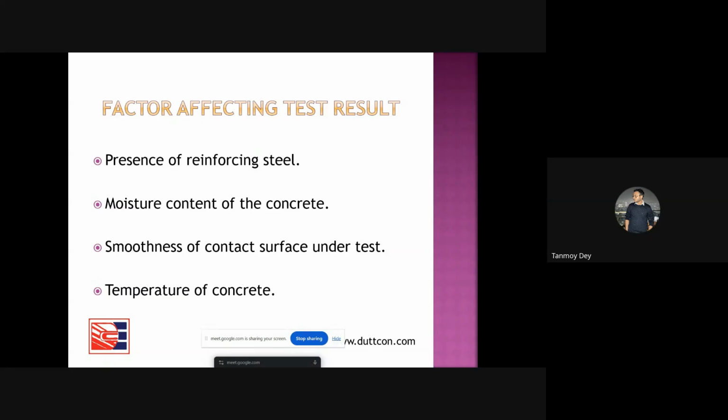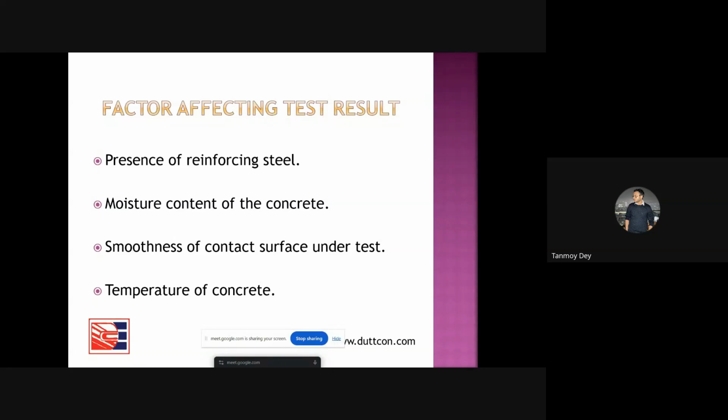That's why we have to scan properly, and should not be satisfied with a particular reading. With the moisture content of the concrete, the velocity of sound changes. In the Newtonian method, velocity is equal to root under k by rho, where rho means density.